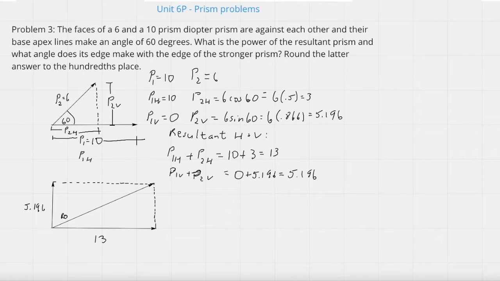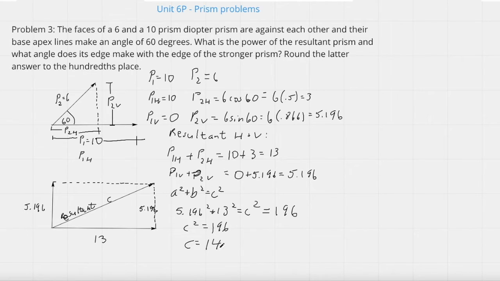A and b are the legs of the right triangle, and c is the hypotenuse, which corresponds to the power of the resultant prism. So 5.196 squared plus 13 squared equals c squared. And we find that c squared equals 196. So we take the square root of both sides, and we find that c equals 14 prism diopters.